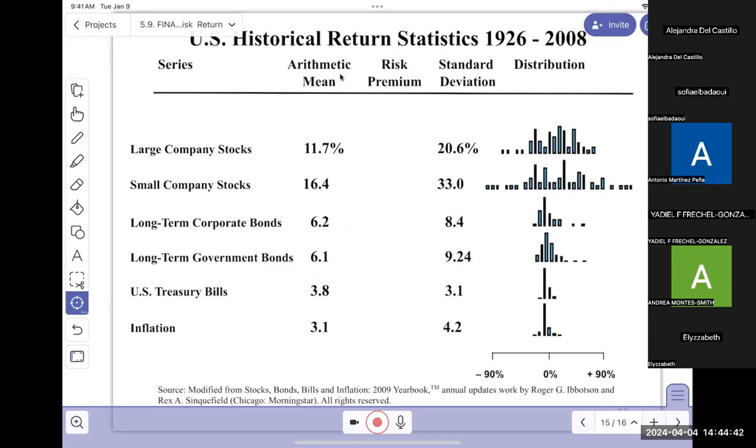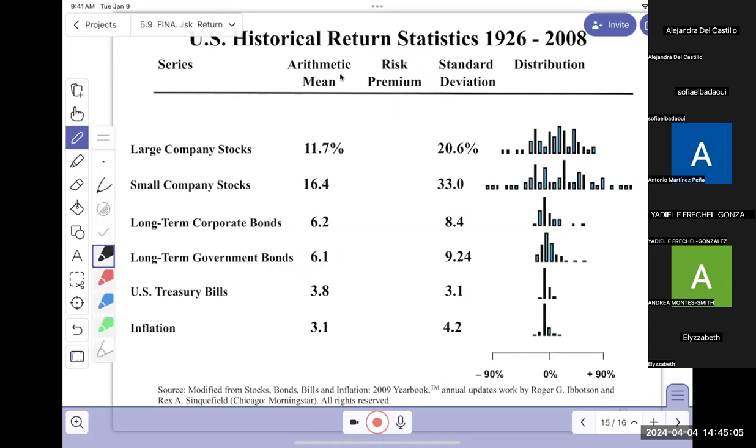So what we talk about in finance is called a risk premium. This captures the idea that we are prepared to take on the added risk over and above T-bills because of the higher return.